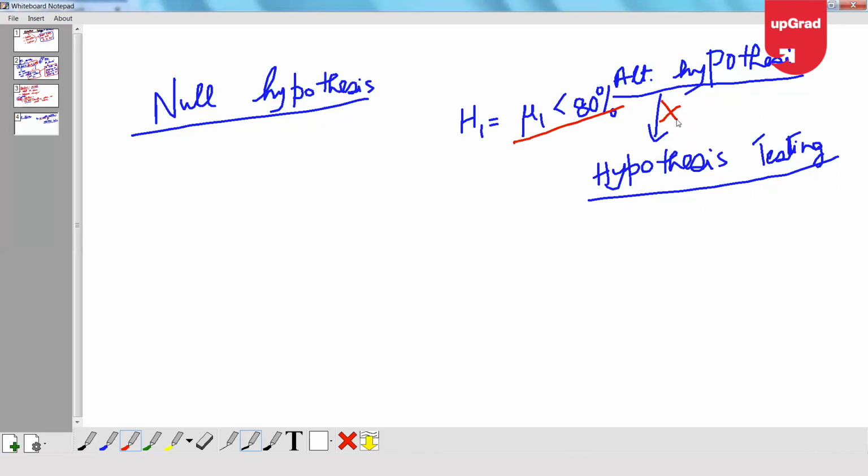I have something called null hypothesis. So here I have a null hypothesis. Note that I have made a notation of H0 and H1. H0 here signifies null. This is not a 0, this looks like a sigma.